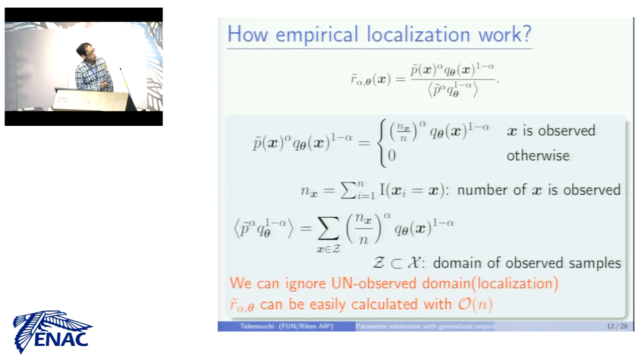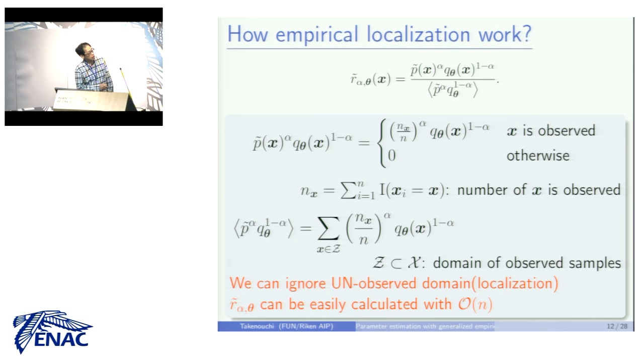This n_x is the number of times x is observed. So this bracket of p tilde to the alpha times q theta to the 1 minus alpha is also easily calculated like this.